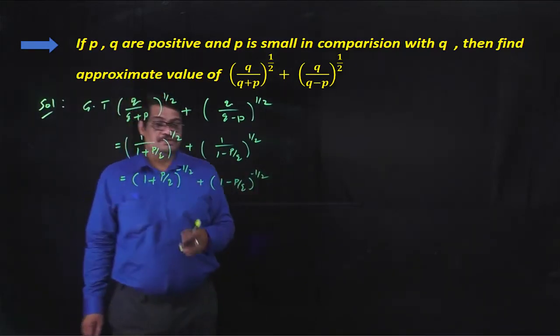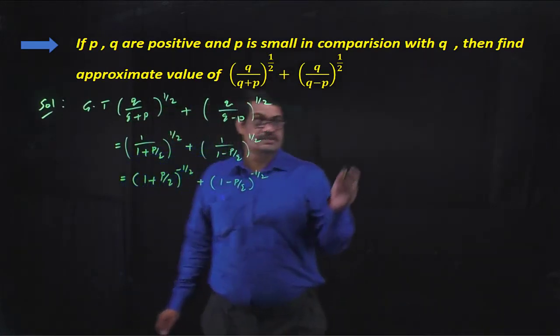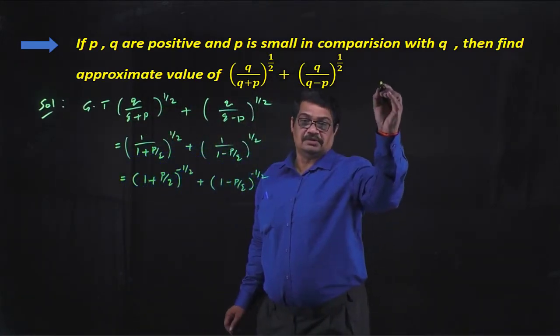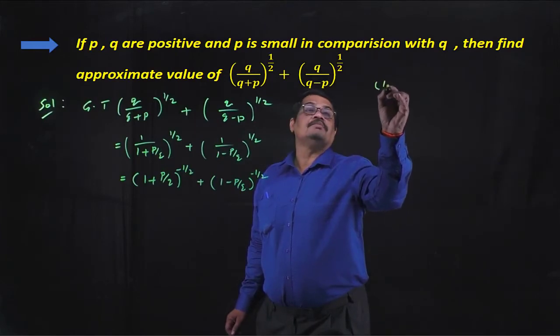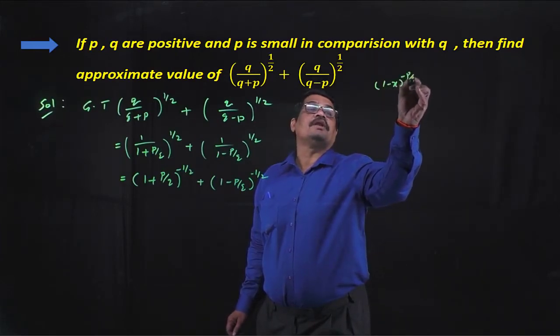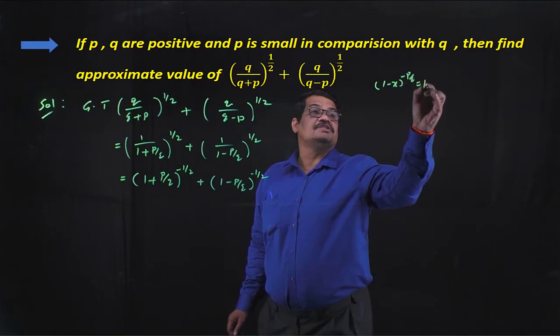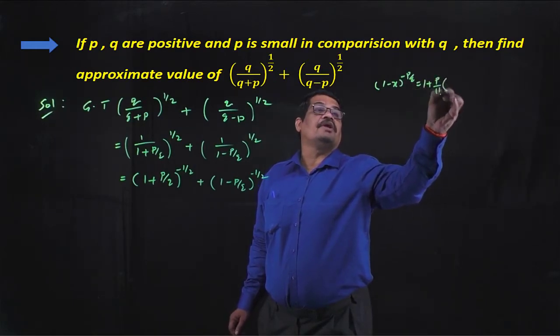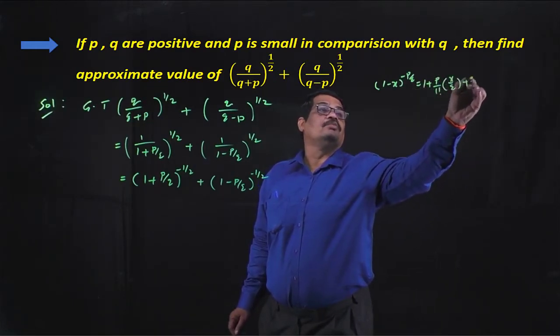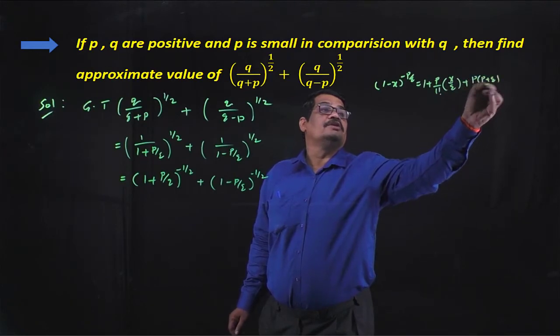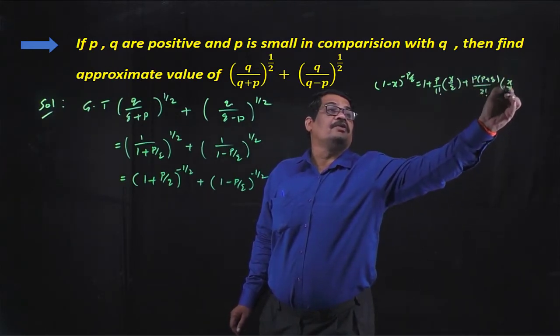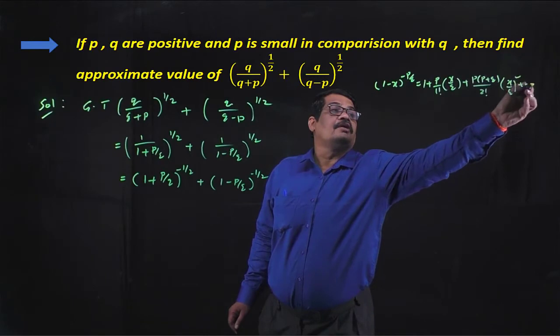So now we are using the binomial expansions using these formulas. What are the formulas here? (1 minus x) whole power minus p by q, that expansion is 1 plus p by 1 factorial into x by q plus p into (p plus q) by 2 factorial into (x by q) whole square and so on.